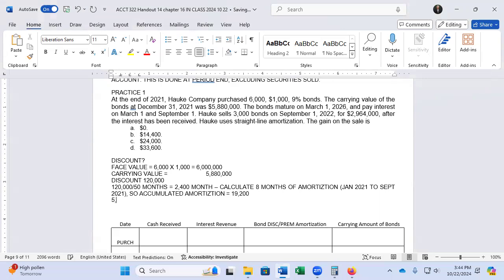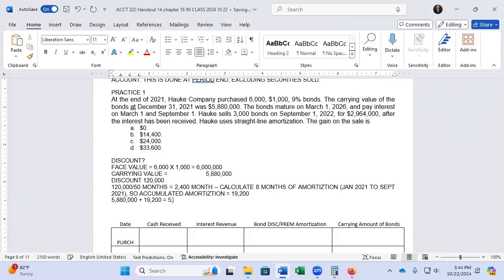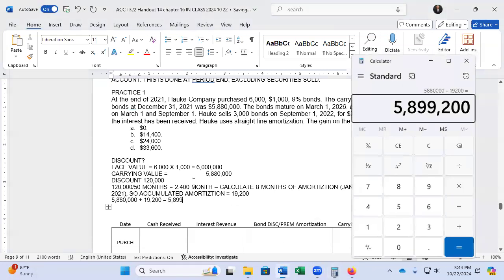So we take the 5,880,000. We add the amortization, 19,200. And we end up with 5,899,200.